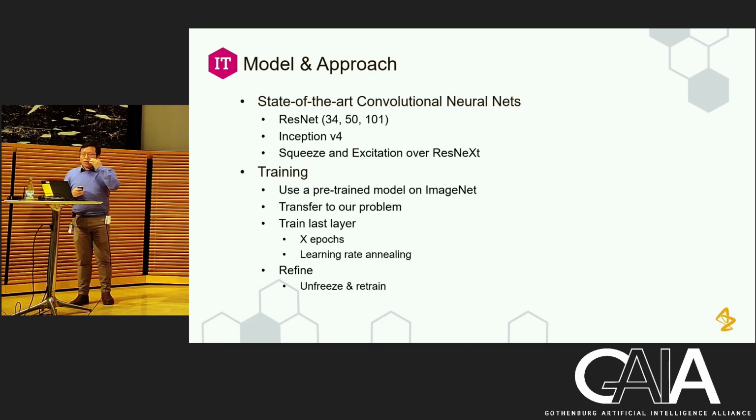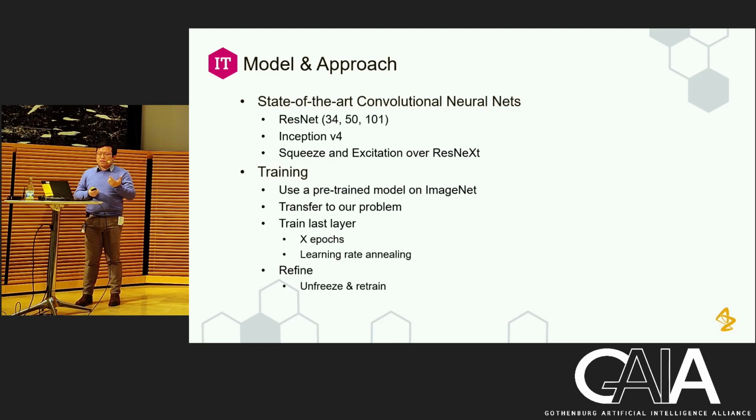In terms of the models we use, we use state-of-the-art ResNets, like 34, 50, and 101, also Inception V4, and one of the latest, Squeeze-and-Excitation over ResNet. For training, we took the transfer learning route, where we load a model pre-trained on ImageNet and transfer the problem into digital pathology.